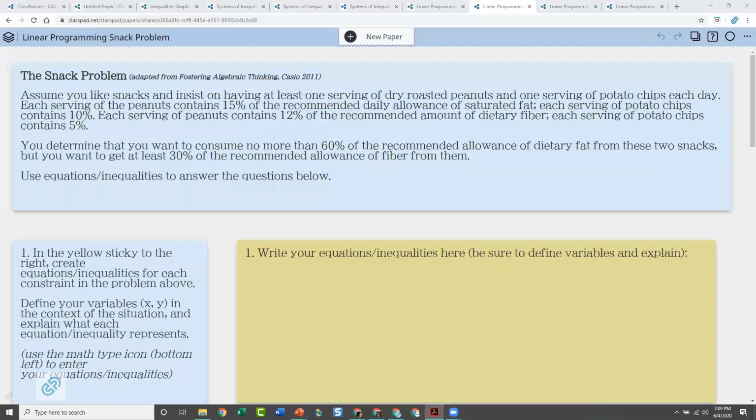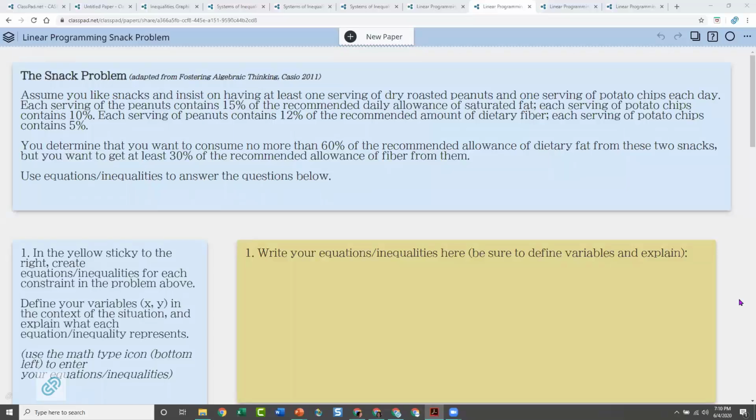And so linear programming is just working with inequalities, sometimes equations, and constraints, and looking at that intersection, which they call the feasible region, and coming up with some decisions. In this particular problem, we have peanuts and potato chips, in a daycare I think, and they want to make sure they're giving the children the right amount of fat, so there are a lot of constraints.